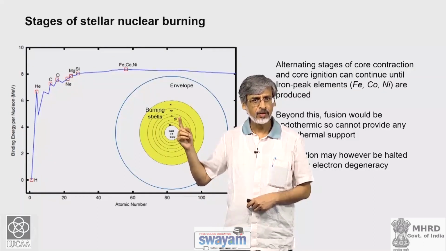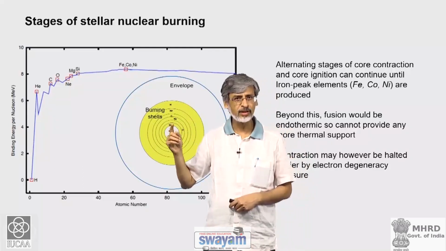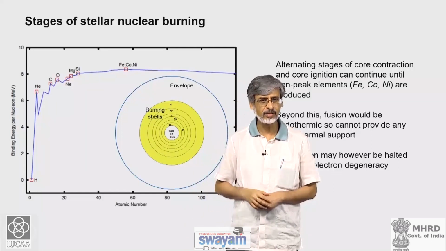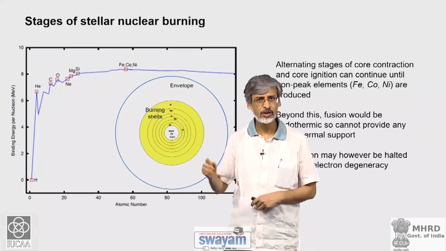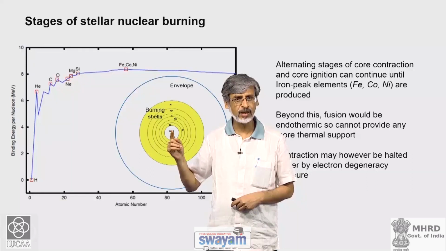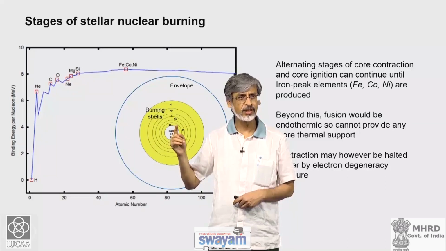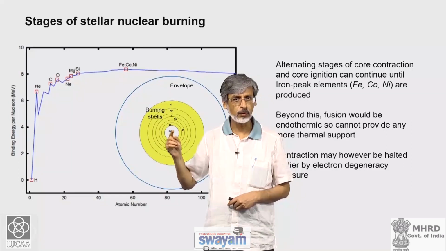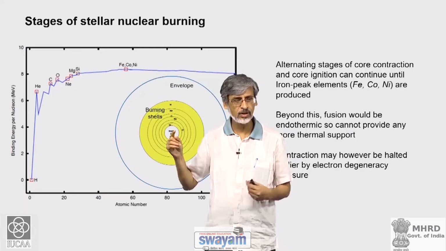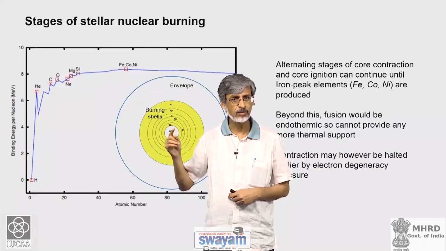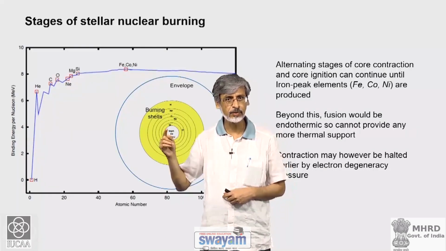Similarly, when you go through all these stages of nuclear burning, a shell of each stage will remain surrounding the core. So, just surrounding the iron core, there will be a shell of silicon burning. The silicon burning shell is converting silicon to iron, and that iron is going to be added to the core, and the core is going to grow in mass, because more and more ash from the silicon burning shell is added to the core.